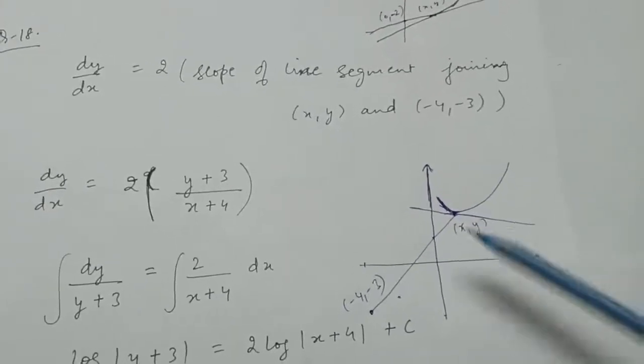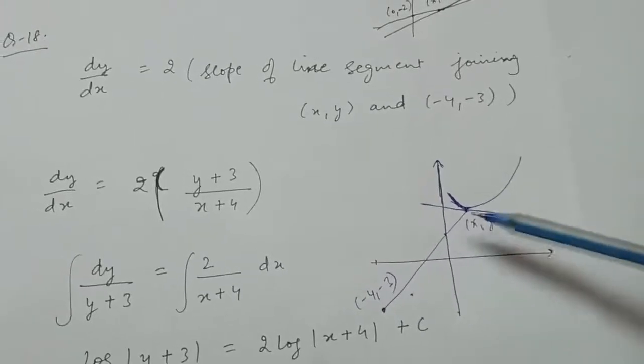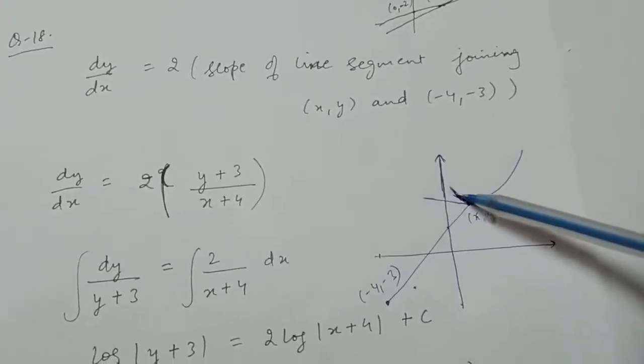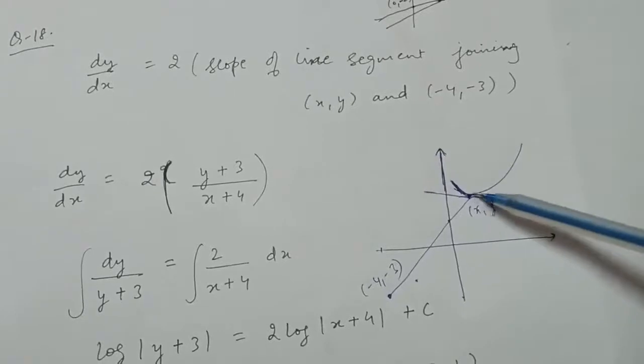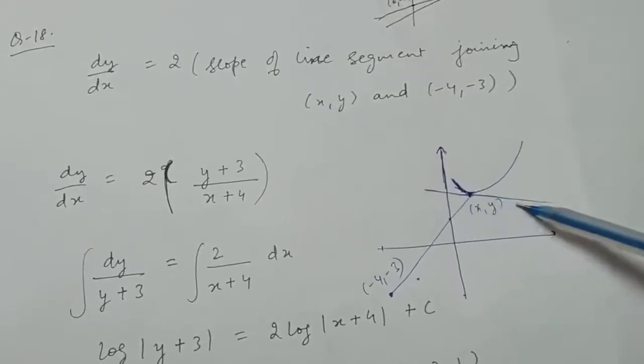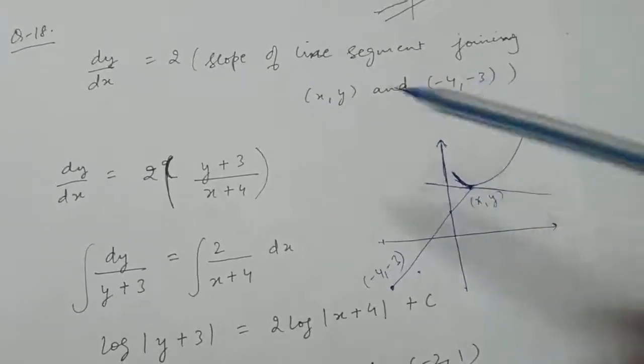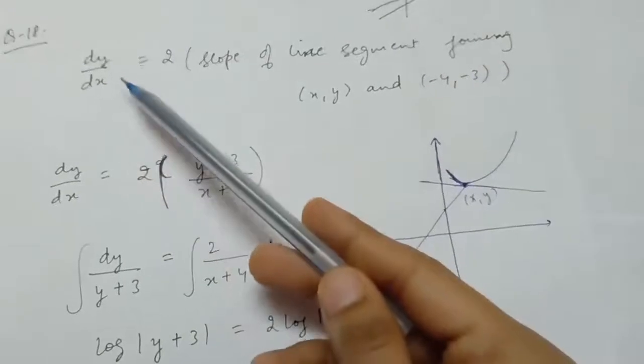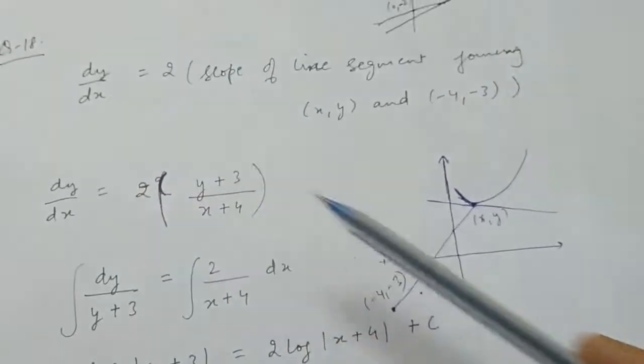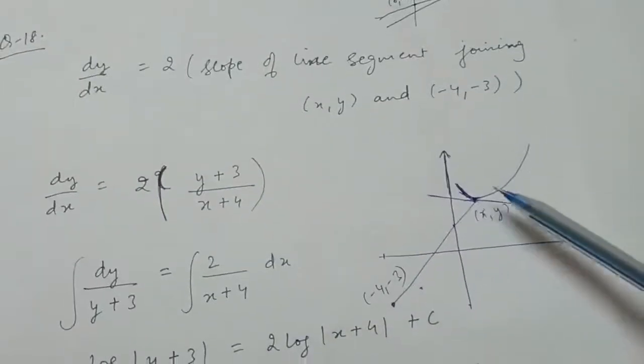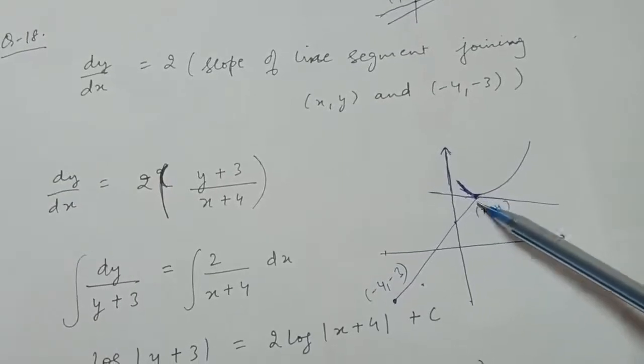Now see, this is the graph. Just to explain, they have said that for a curve at any point (x, y), the slope of its tangent, that is dy by dx, is equal to twice the slope of the line segment joining the point of contact.